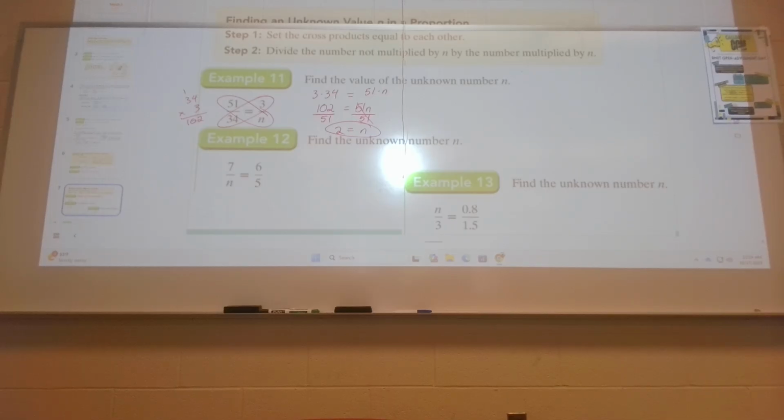It would be 58 over 10, because you move over one decimal place, so you move by a power of 10.